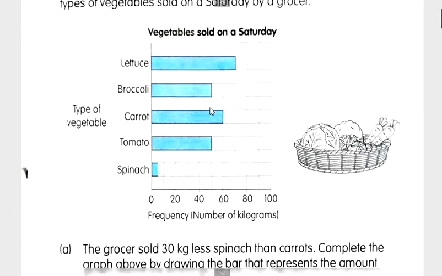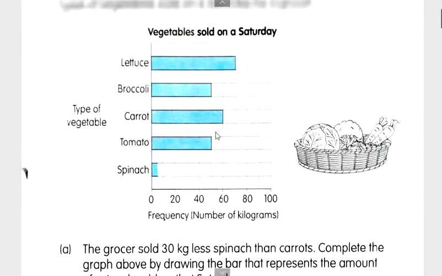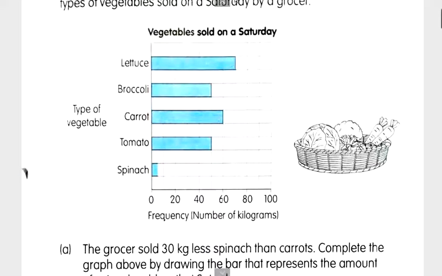Alright. The names on the left represent the types of vegetables, and the numbers below represent the number of kilograms. So this is how you read the graph.